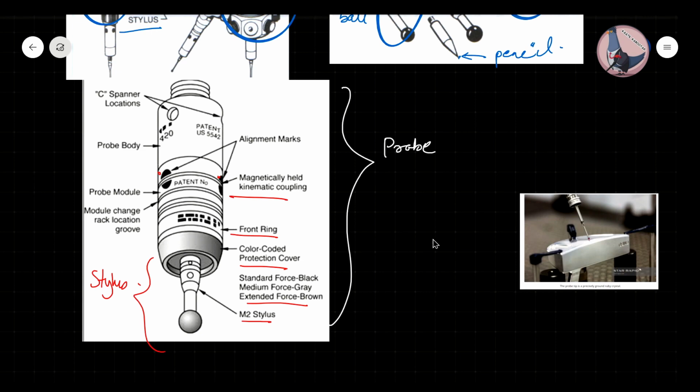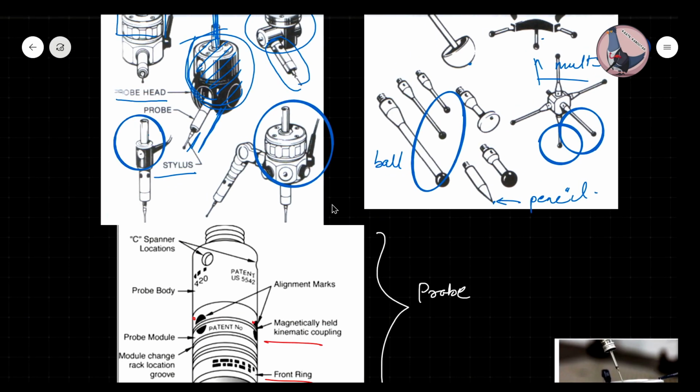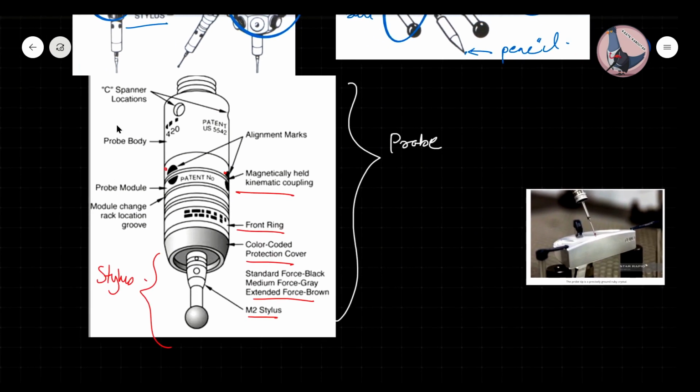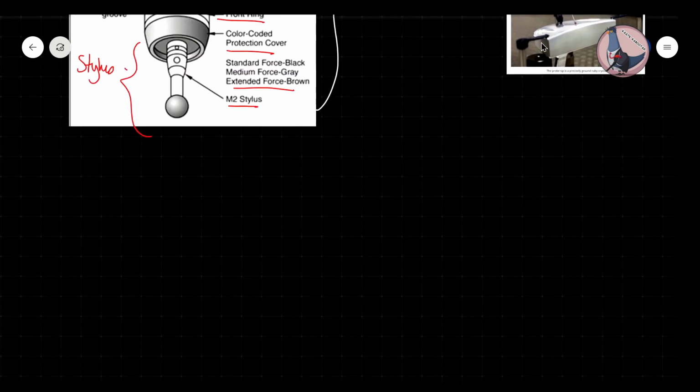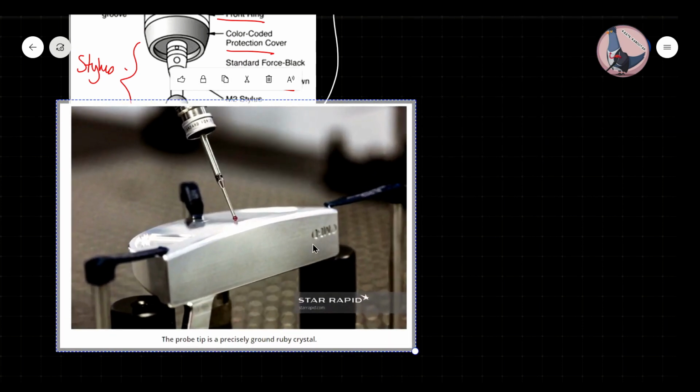Okay, so for our studies, you can just understand this was your probe head. To this probe head, such probes are added, on the tip of which there is stylus, and these things contact the job.